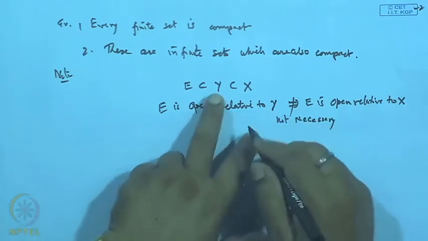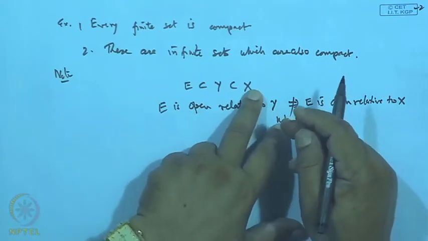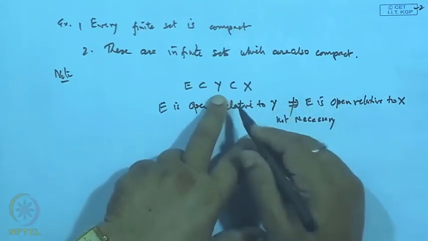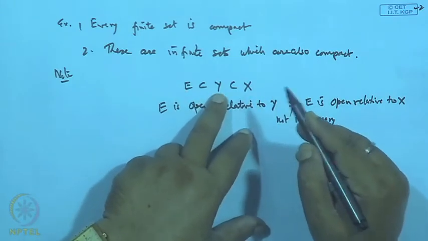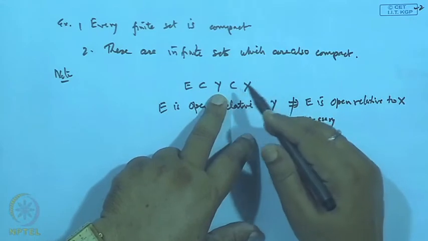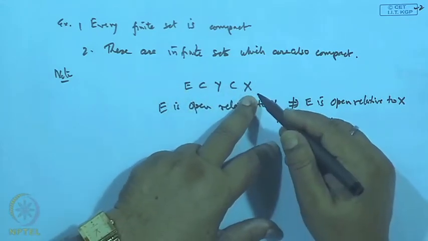If a set is open in a submetric space (Y, d), because (X, d) is a metric space and Y is a subset of X, so (Y, d) will also be a metric space, then it may or may not remain open with respect to the metric space X.